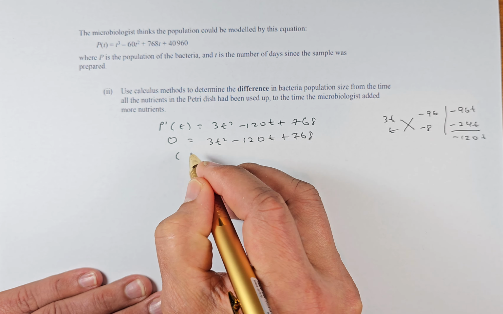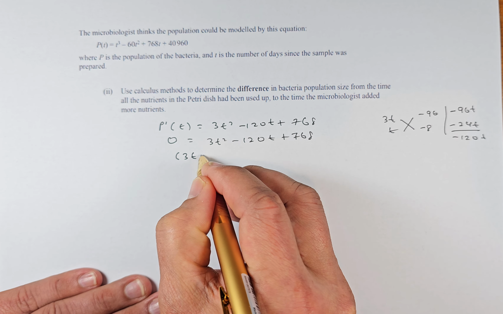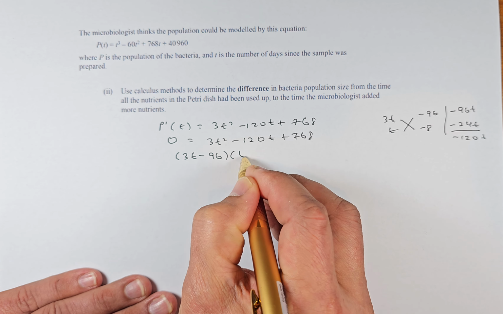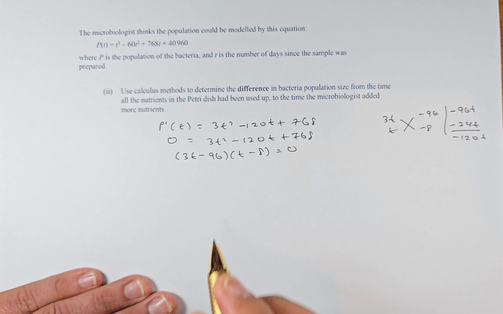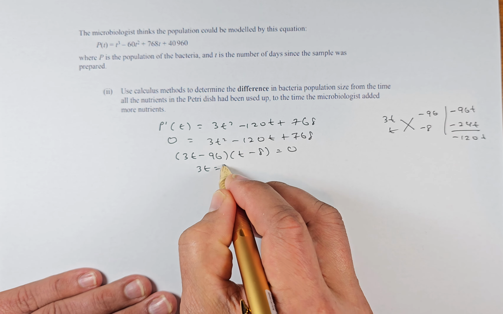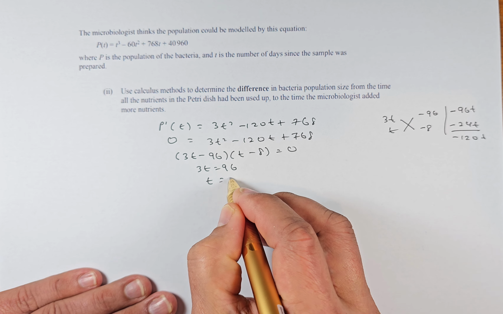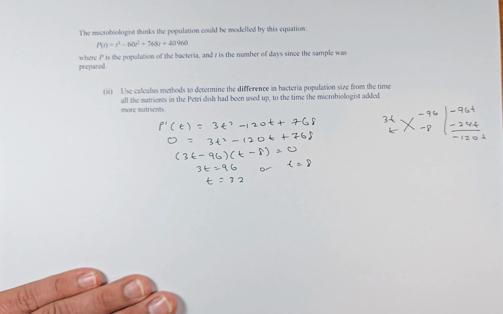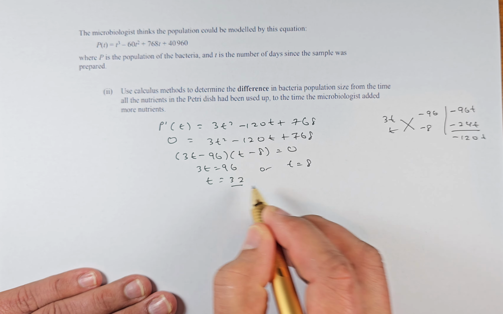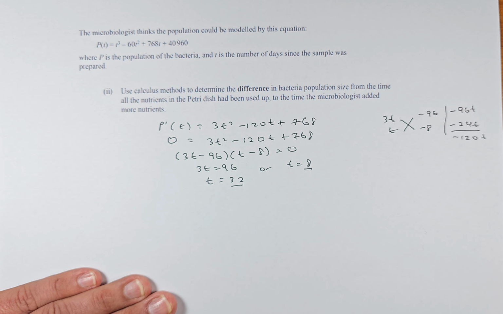So when you factorize, you can do another way of factorizing, (3t minus 96)(t minus 8), and that will be equal to 0. Now we are going to solve it. 3t equals 96, which is t equals 32, or t equals 8, because t minus 8 equals 0, so t equals 8. So the two possible answers are t equals 32 or t equals 8.